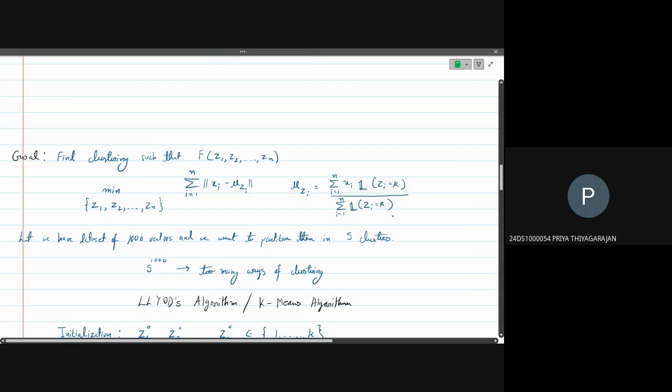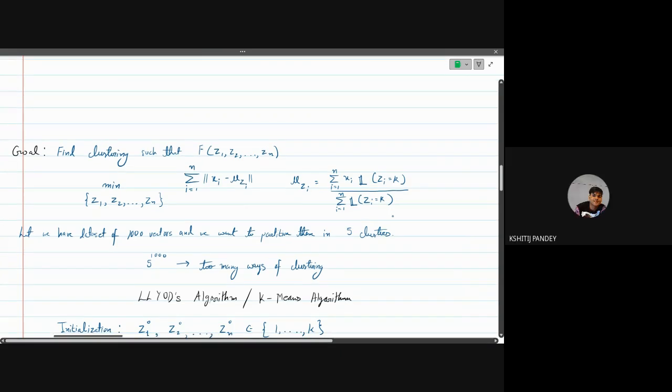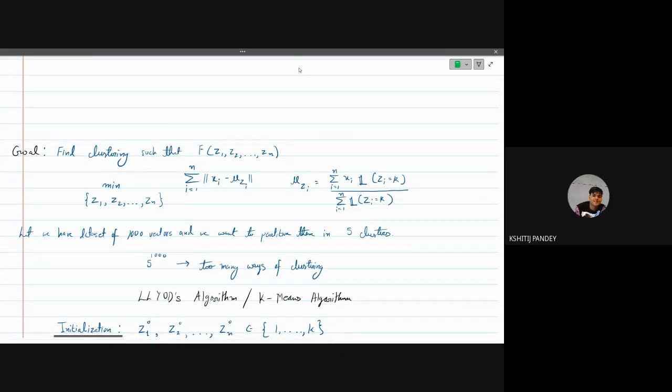So now what? This is the objective function in hand. But the problem here is that we can't find the minima of this. This optimization problem is an NP-hard problem. Let's say we have a data set of 1000 vectors and we want to partition them into 5 clusters. In total, how many possible ways are there of clustering?